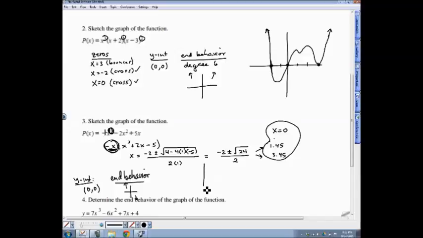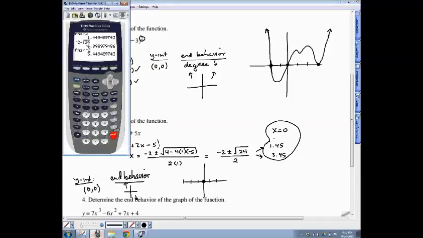So for this graph, we have a 0 at 0. And you know what? This isn't looking right. Divided by -2, that should be a +2.